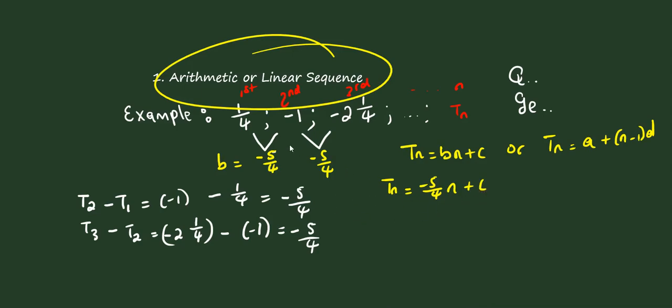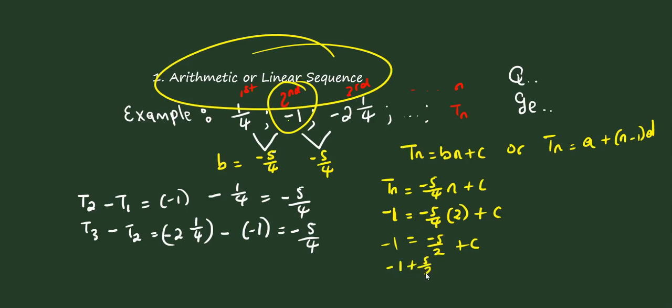Now how do I get c? I substitute any term with its position. I can take this one: the term tn is -1, and n is 2, which is the position, and then we say plus c. So this would be -5/2 plus c equals -1, so -1 plus 5/2 is equal to c.